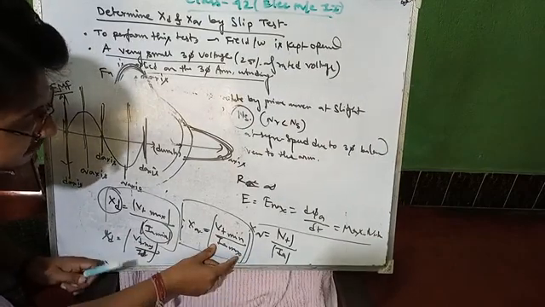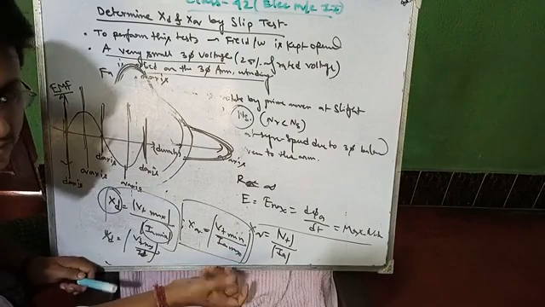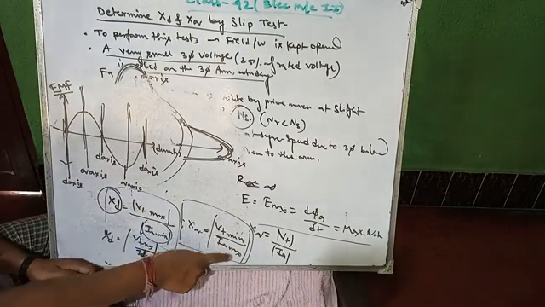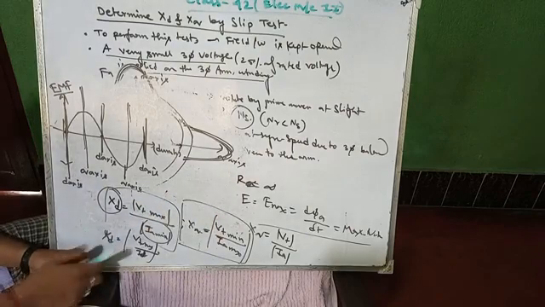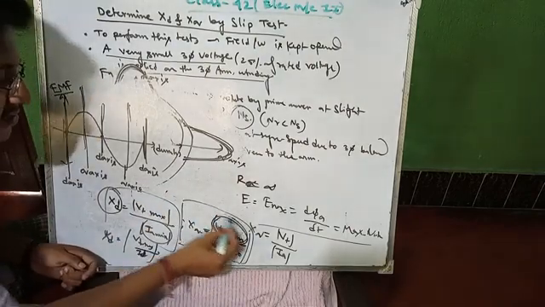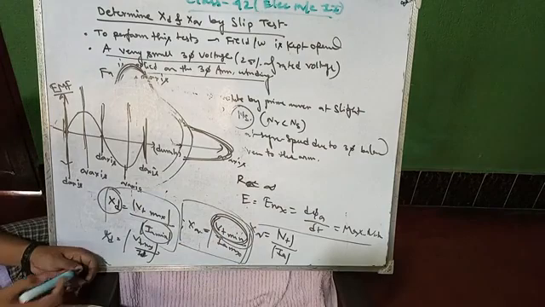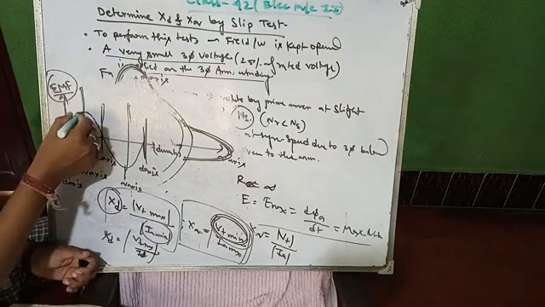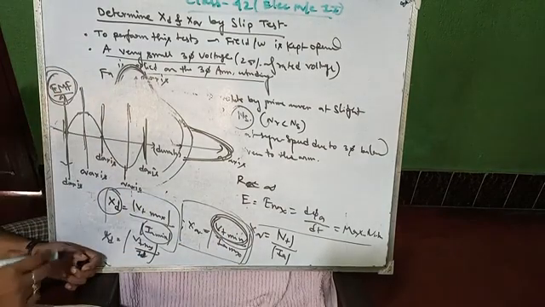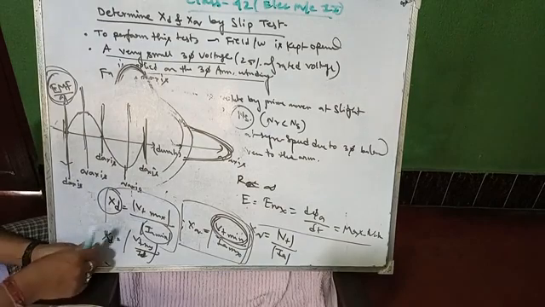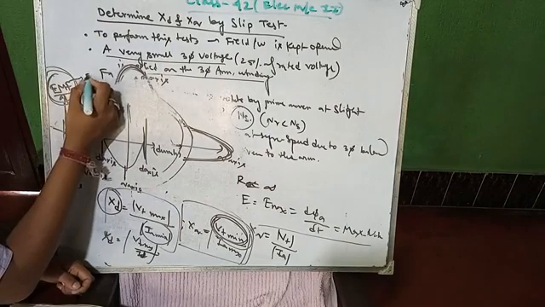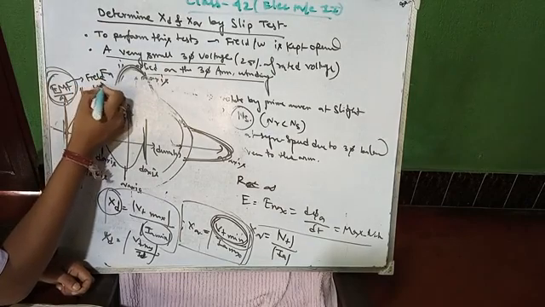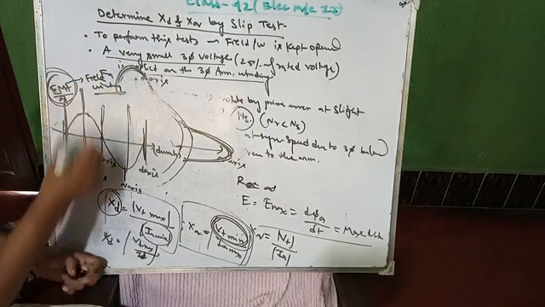So IA will be maximum for that region, and the terminal voltage will fall. Always remember, this is the terminal voltage. Previously, whenever you calculate when EMF is maximum, it is the generated EMF. This is the applied voltage, and this is the generated EMF, or the EMF across the field winding.